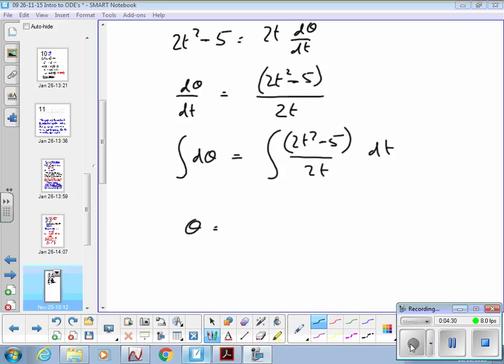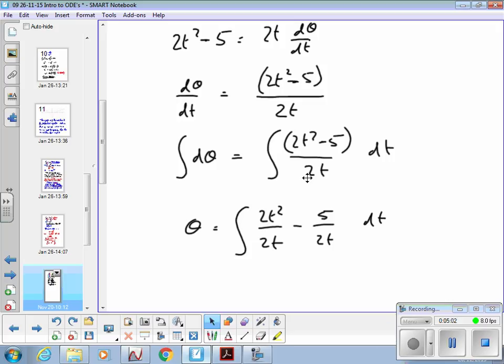Now we have to integrate the right hand side. We might be tempted to think about substitution and all those sorts of things, but because I've got just one term on the bottom, 2t, I can separate this into two fractions and call it the integral of 2t squared over 2t, minus 5 over 2t, dt. So I can separate out those two fractions.